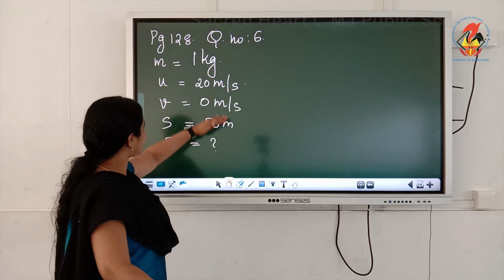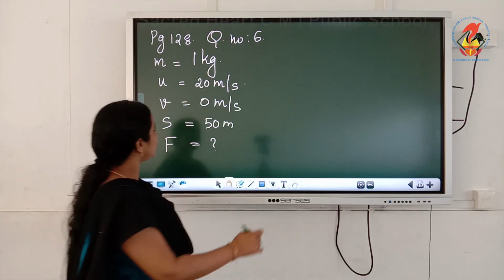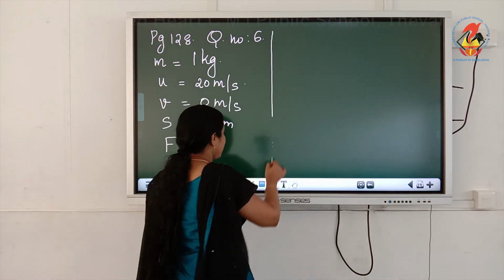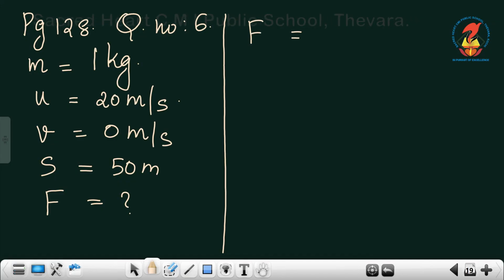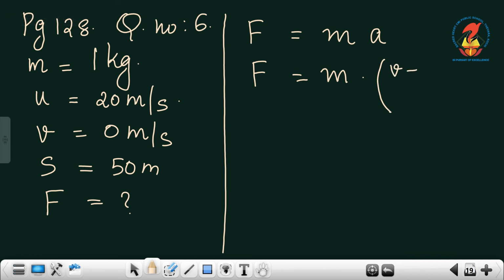We know that the equation to find force is F is equal to ma. Instead of acceleration, the quantities u and v are given. So let us rewrite the equation as F is equal to m into, instead of a, substitute a is equal to v minus u by t.